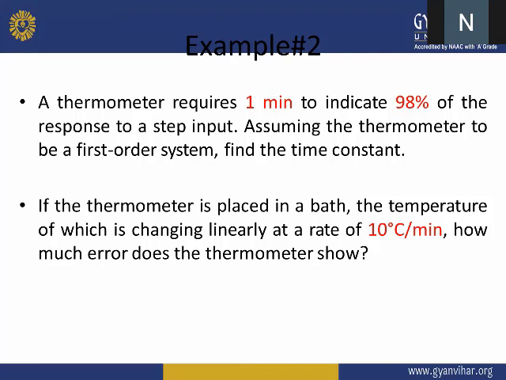We have to identify the time constant. Another problem in the same question is: if the thermometer is placed in a bath, the temperature of which is changing linearly at the rate of 10 degrees per minute, how much error does the thermometer show? We have to also identify the errors.